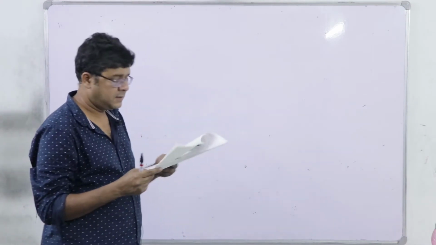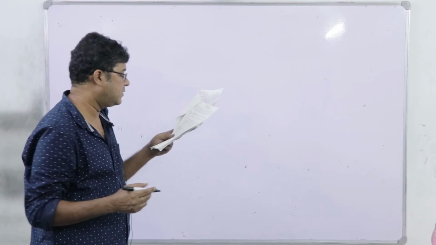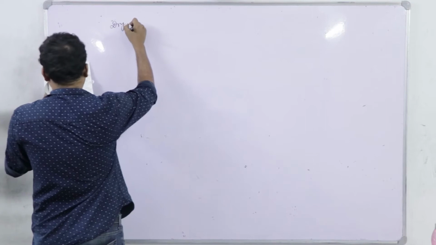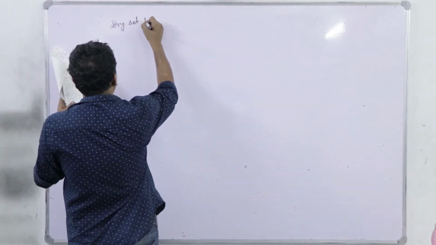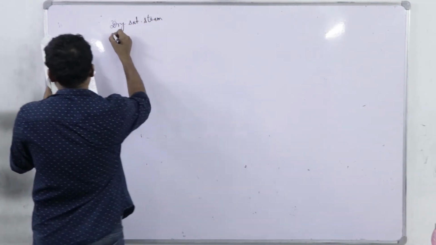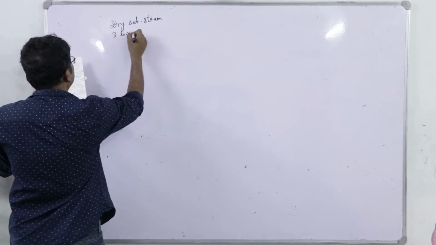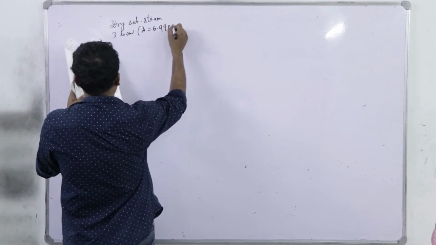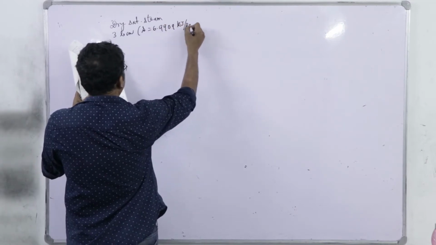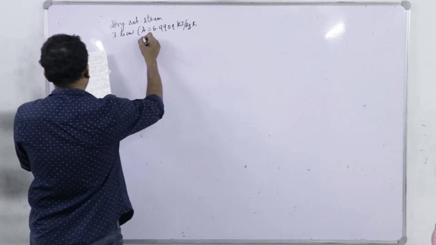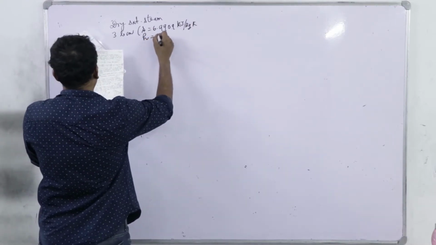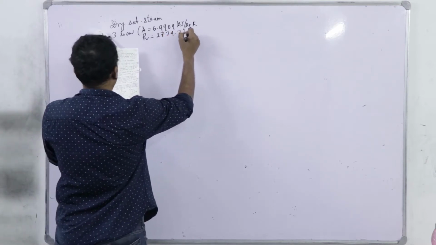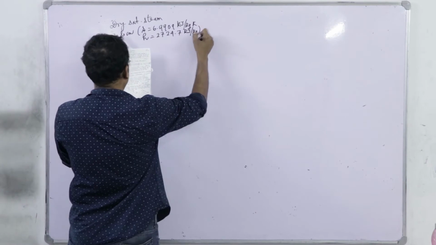Next, see, dry saturated steam, 3 bar, its S is given, entropy is given 6.9909 kilojoule per kg Kelvin, and enthalpy 2724.7 kilojoule per kg, that is given.